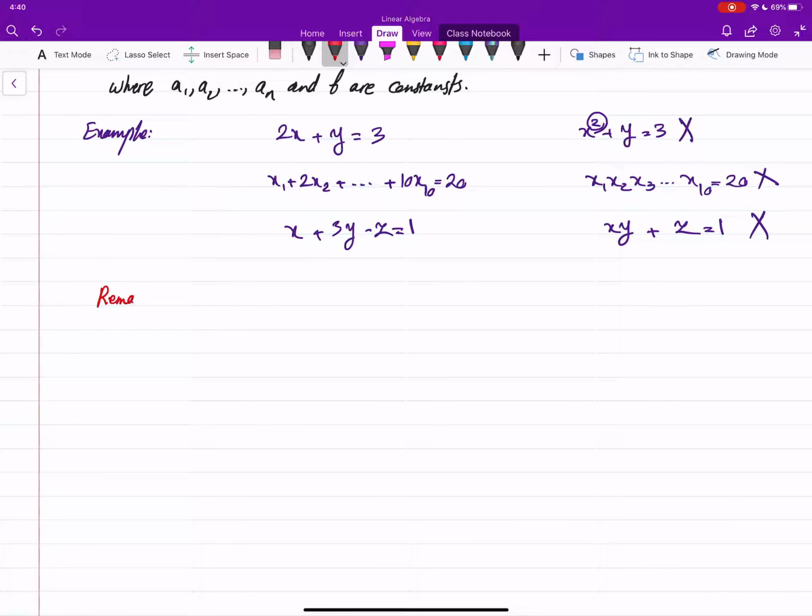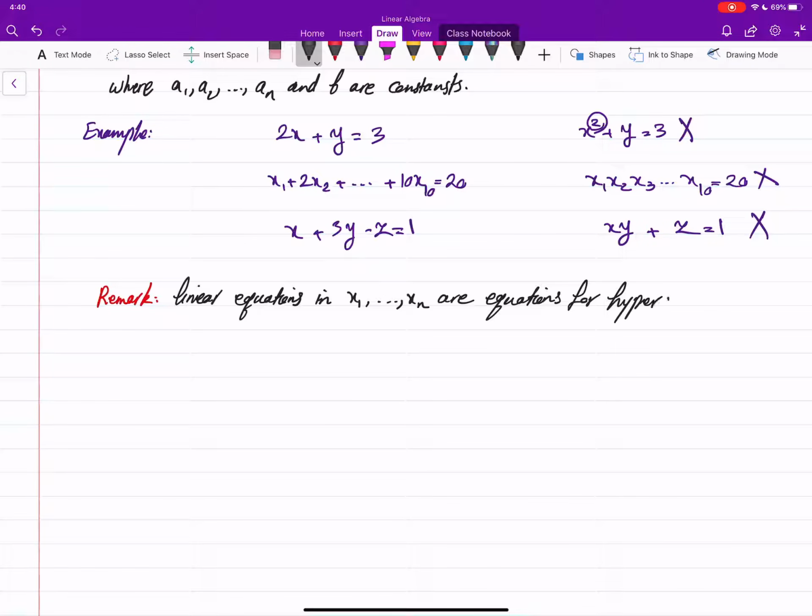Remark: linear equations in x1 up to xn are equations for hyperplanes in Rn.